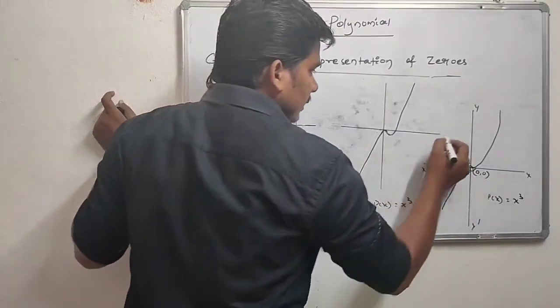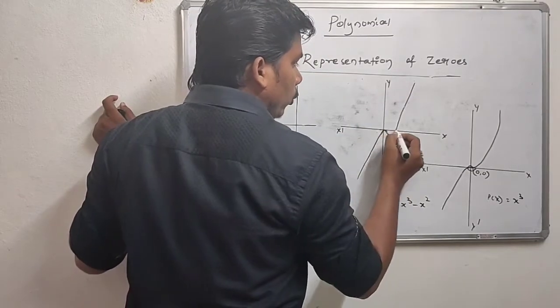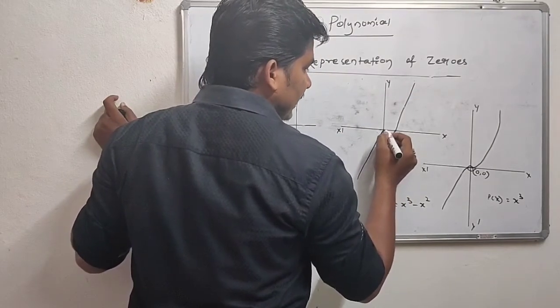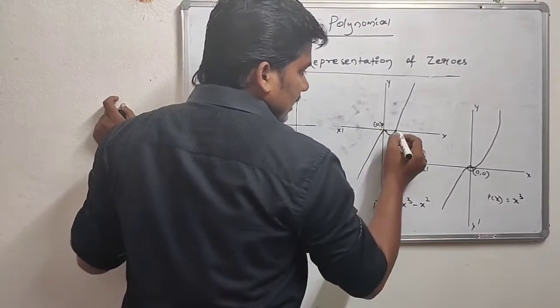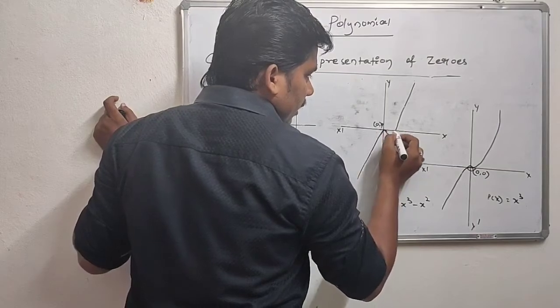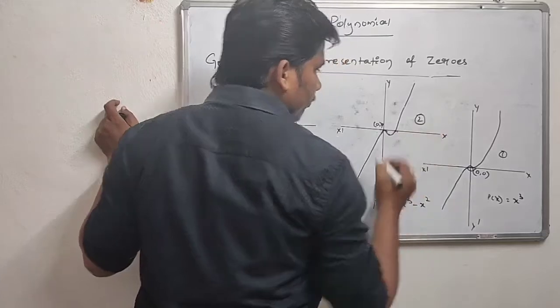But for this case, see, it meets the x-axis at 2 points. At 1 point it meets the x-axis at (0, 0). At another point it cuts the x-axis. Hence the zeros of this polynomial are 2.